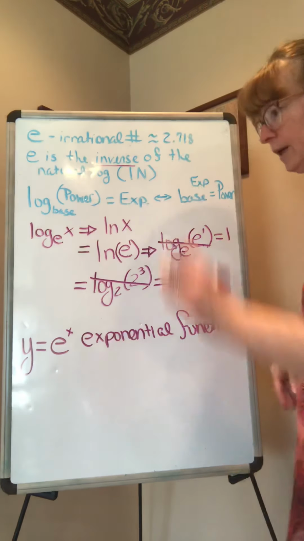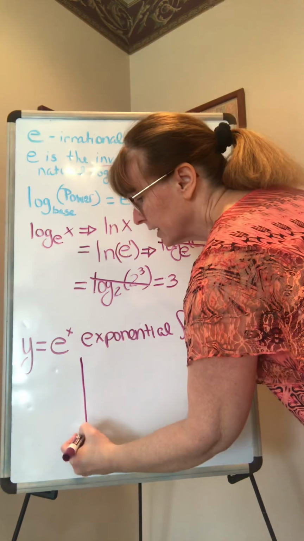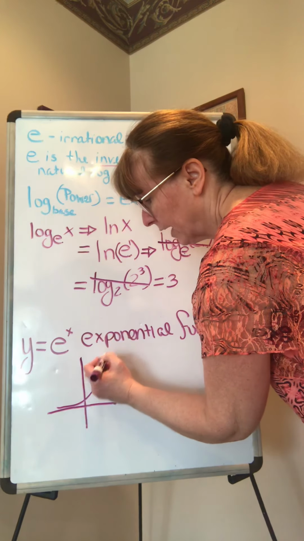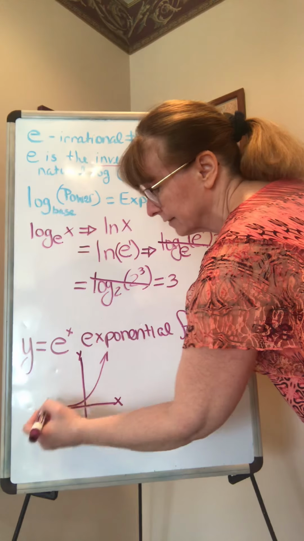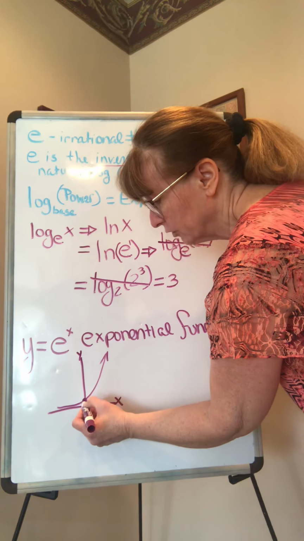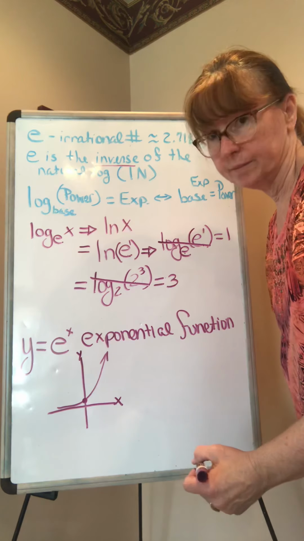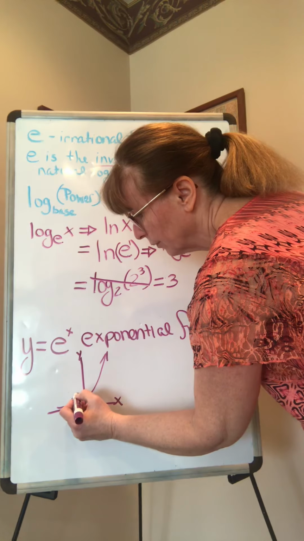You put in e, and when the exponent opens, you put in x. You are going to get the same exponent graph you always have gotten, whether it was 2 to the x, 3 to the x, 10 to the x. Now, you're always going to go through 0, 1.